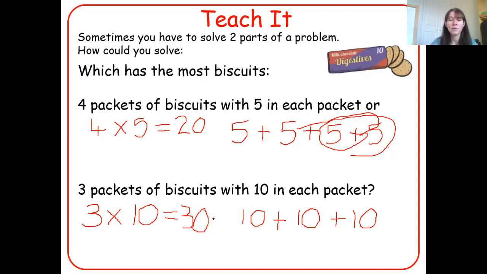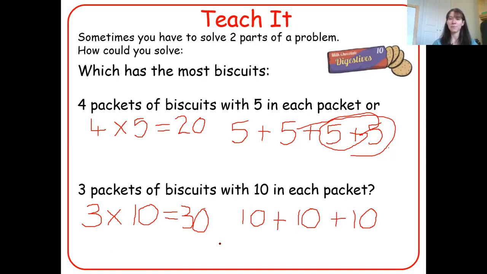So now we've solved both parts of the question. We need to actually then come up with an overall answer. So we know that 4 packets of biscuits, and there's 5 in each one, gives us 20 biscuits altogether. And we know that 3 packets of biscuits with 10 in each one gives us 30.